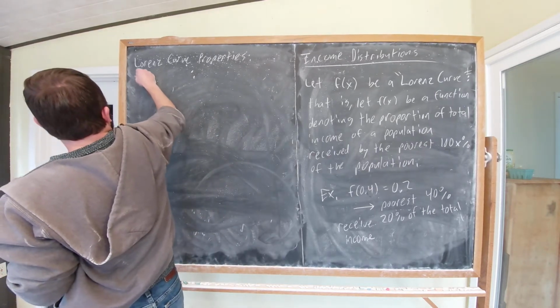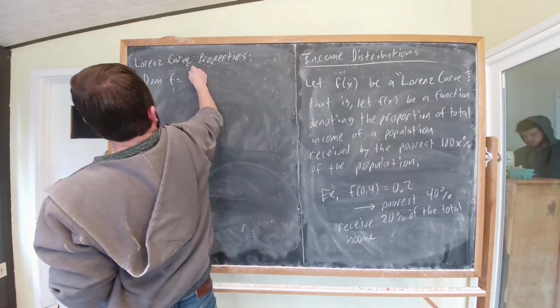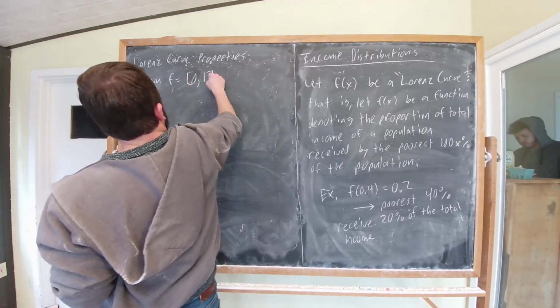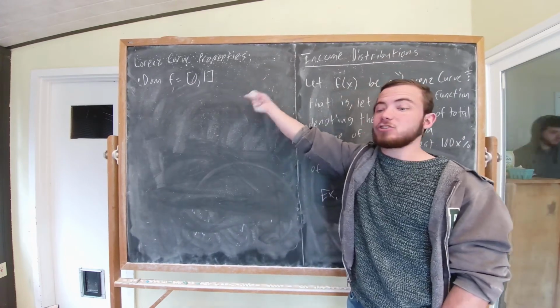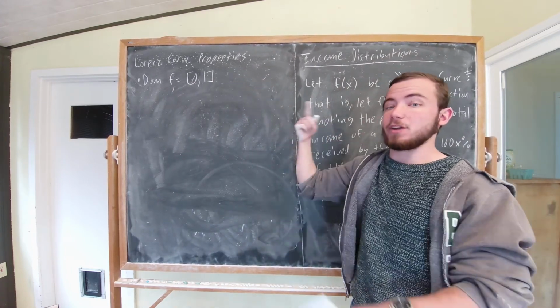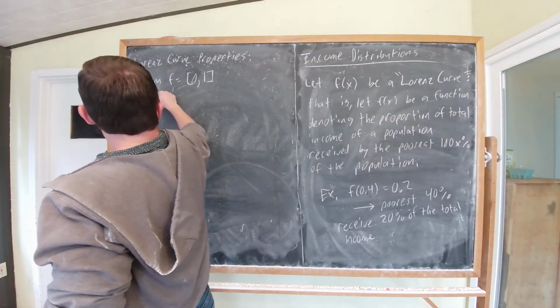Well, for starters, each of them is going to have a domain of 0 to 1. Doesn't make sense for me to plug in less than 0% of the population. It doesn't make sense for me to plug in more than 100%. They're each also going to have a range of 0 to 1.